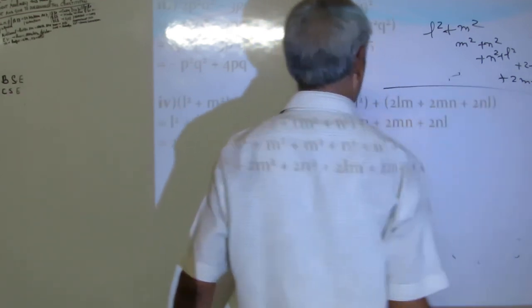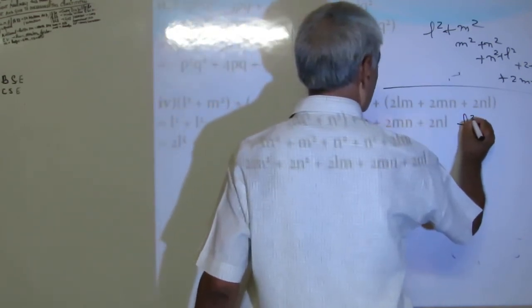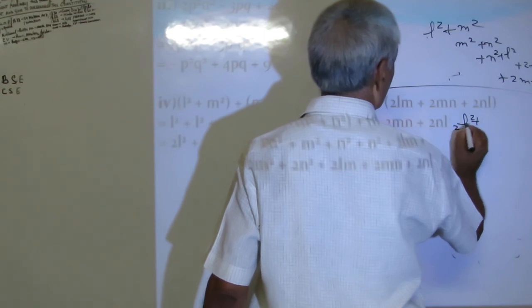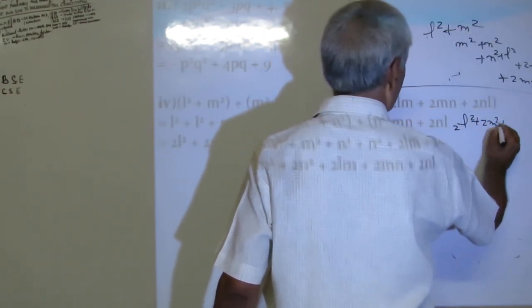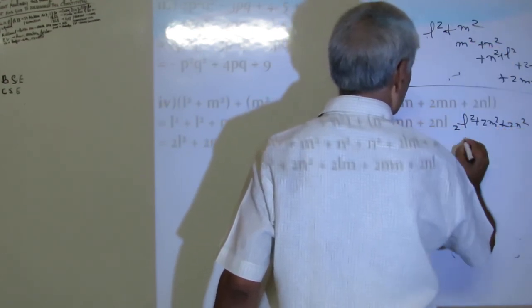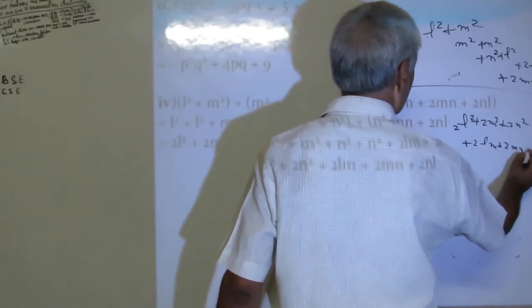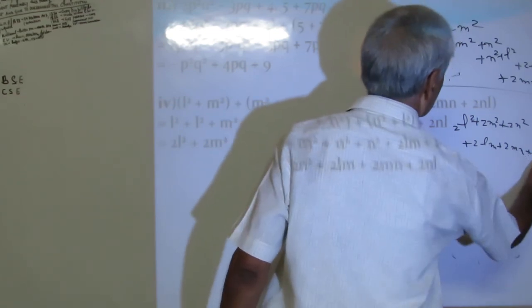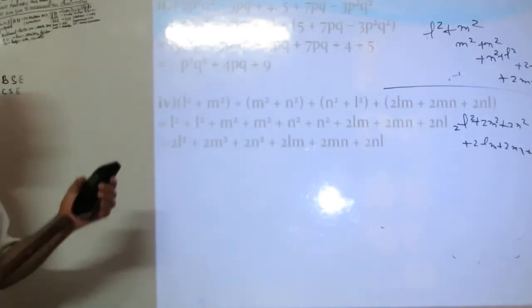So by adding these, you will get L square plus L square, 2L square, M square plus M square is 2M square, N square plus N square is 2N square, plus 2LM plus 2MN plus 2NL. So in this way you can add the like terms.